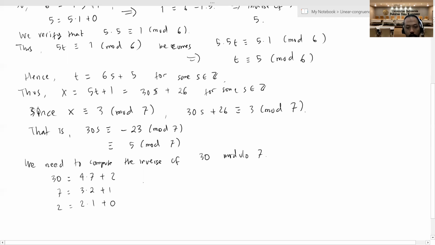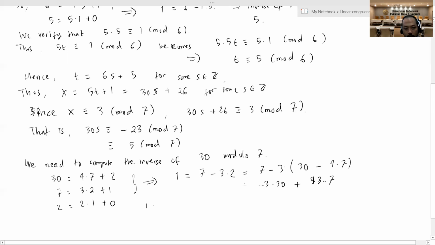From here we get that 1 is equal to 7 minus 3 times 2, which is equal to 7 minus 3 times, what is 2? 2 is 30 minus 4 times 7, which is of course minus 3 times 30 plus 13 times 7.